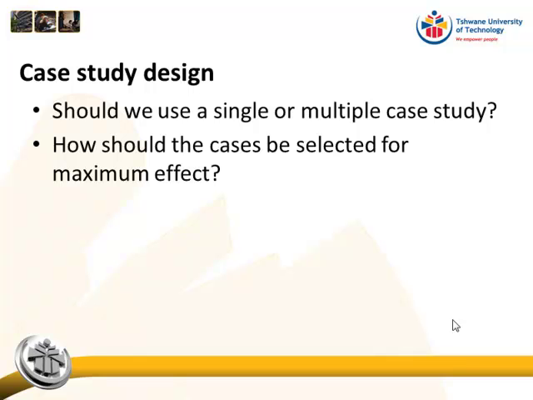Then we can take Kliptown, which is a success, and ask what the measures are here. And then we could take something that has just started off and it's not quite clear yet whether it is a success. Do you understand? So you have to think about how it is for maximum effect.